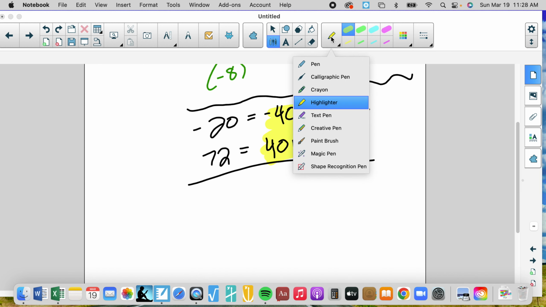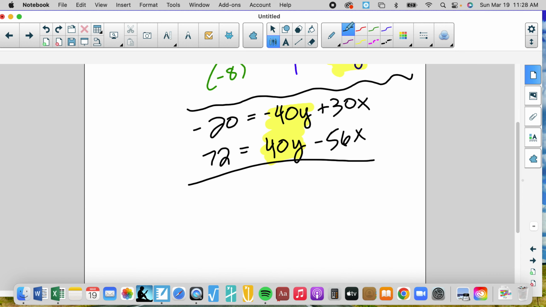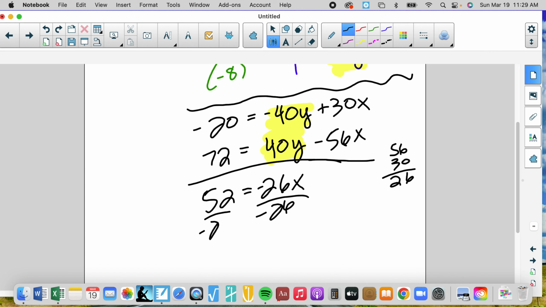If I add my other column, that gives me 52 equals 56 and 30, signs are different, 26x. Good. Oh, -26. I had more negatives than positives. Mr. Mac almost made a mistake. I checked before I did. -26 gives me -2 equals x.